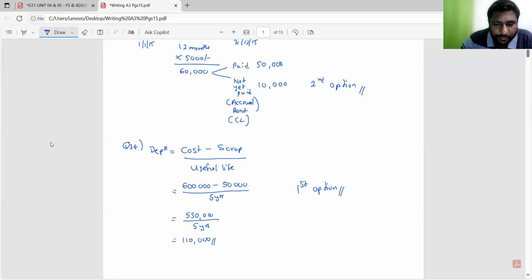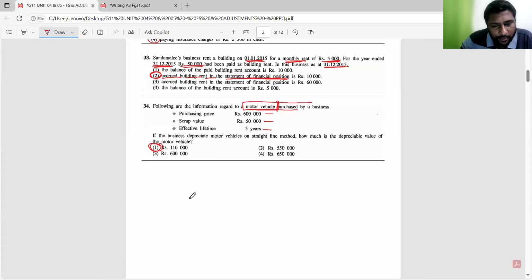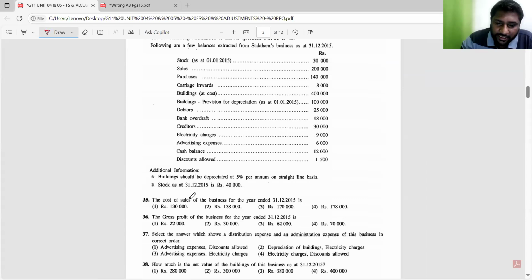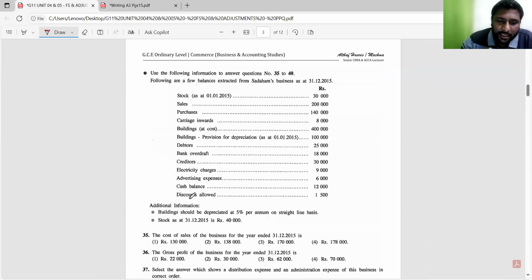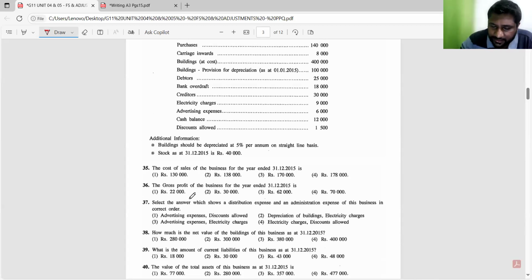Okay. So now let's move to the set of questions. Generally in your paper, you get these kinds of questions. They will give a small scenario or trial balance like this, or certain balances of companies, and a set of information.